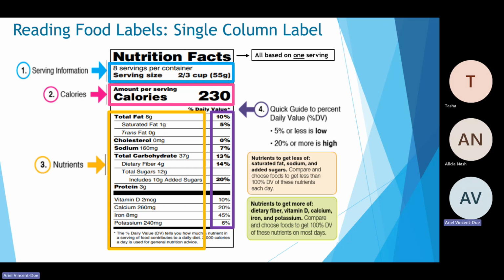Next, you're going to look at calories. Calories provide a measure of how much energy you are getting from a serving of the food or beverage. So again, remember the number of servings you consume determines the number of calories you actually have. Okay, let's move down to the nutrients.